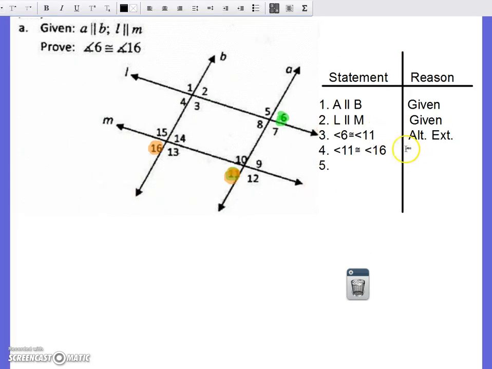Alright, if you haven't thought of it by now, I'll help you out. Angle 11 should be congruent to angle 16 because they are corresponding angles.